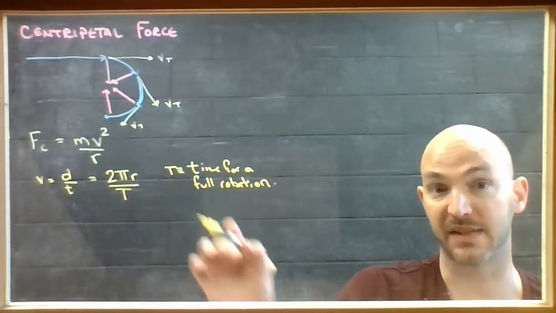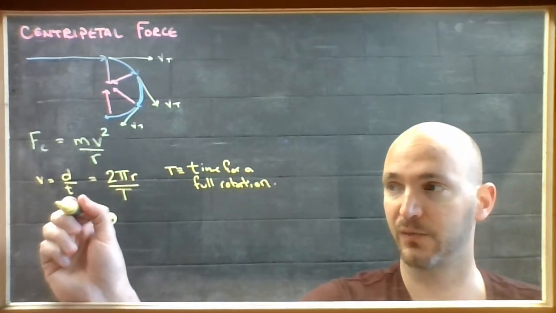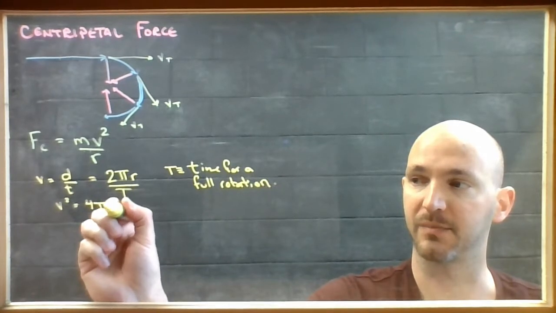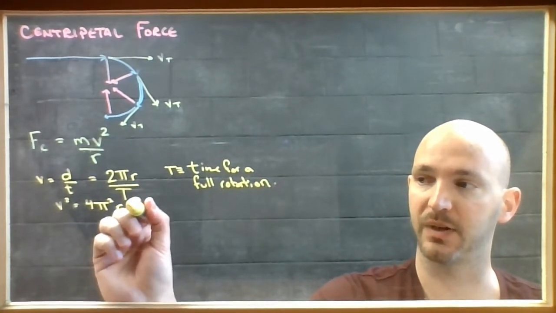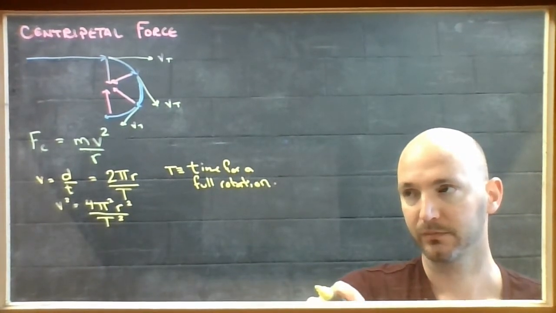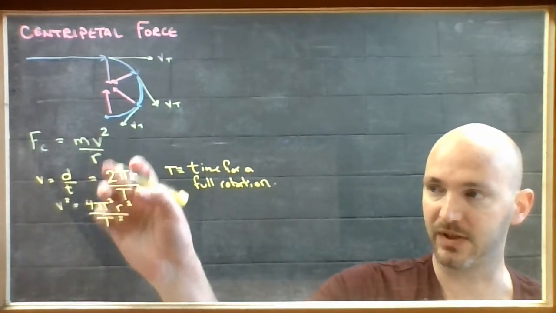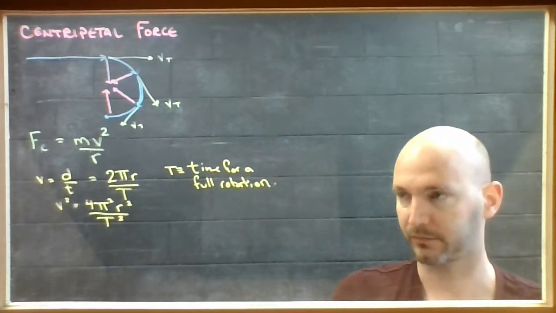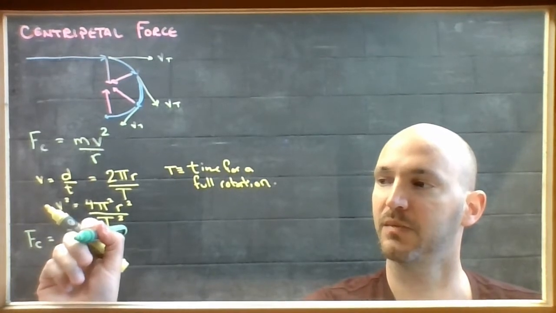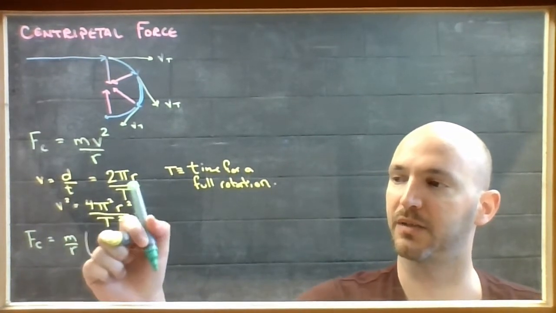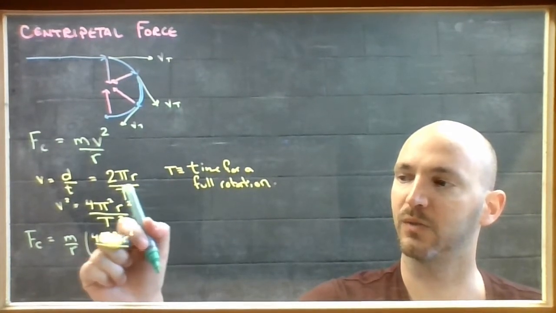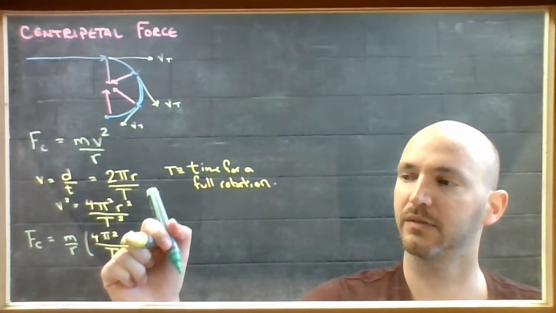Okay, now I have a v squared in this particular equation, so v squared would be 2 squared is 4, pi squared is pi squared, r squared would be r squared, and t squared would be t squared. So if I replace v squared with this, I end up with centripetal force is m over r multiplied by 4 pi squared r squared over t squared.